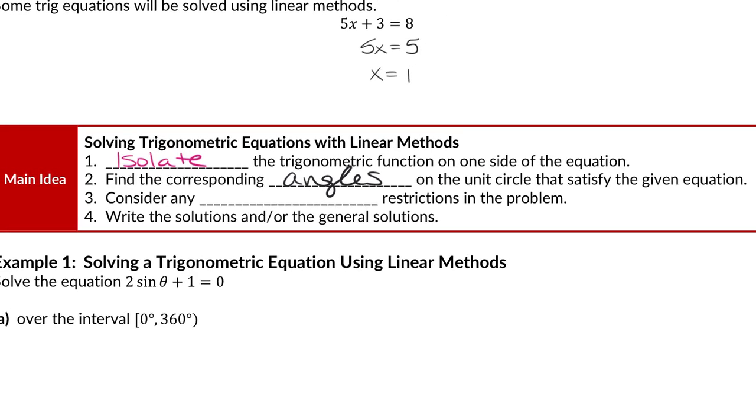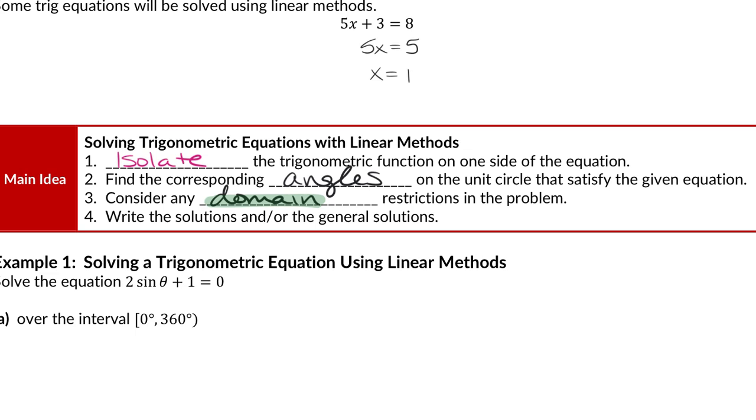The last thing you're going to do is consider any domain restrictions on the problem. I'm going to highlight that one green because I will alert you to domain restrictions by highlighting them in green. And then you're going to give me the solutions or the general solutions, which we will discuss what those mean in just a little bit.